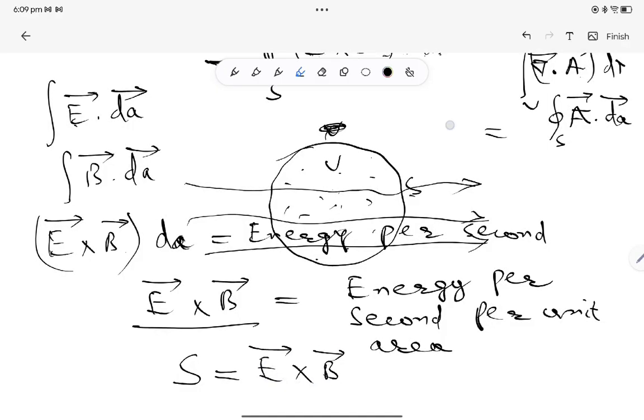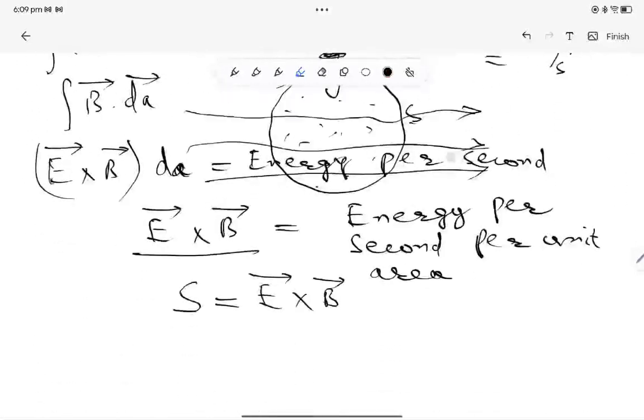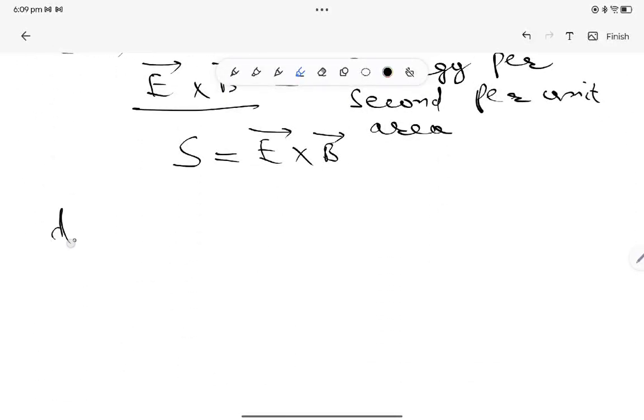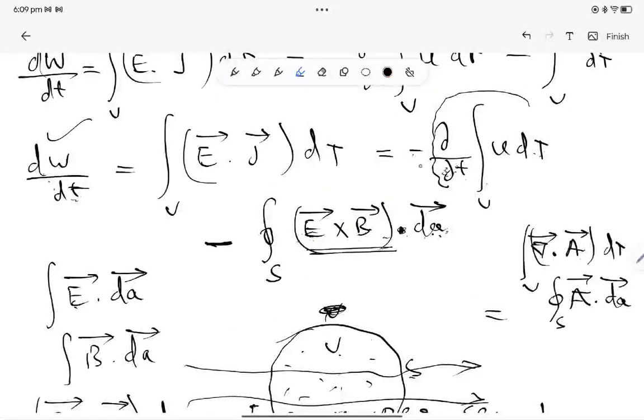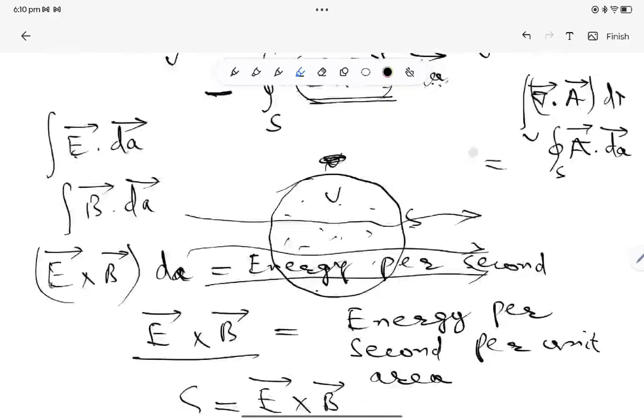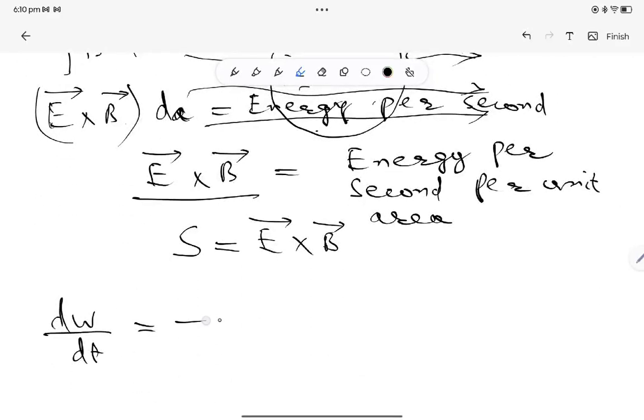In terms of S, we can write this equation as dW by dt is equal to, first term, minus del by del t of the integral of u d tau.